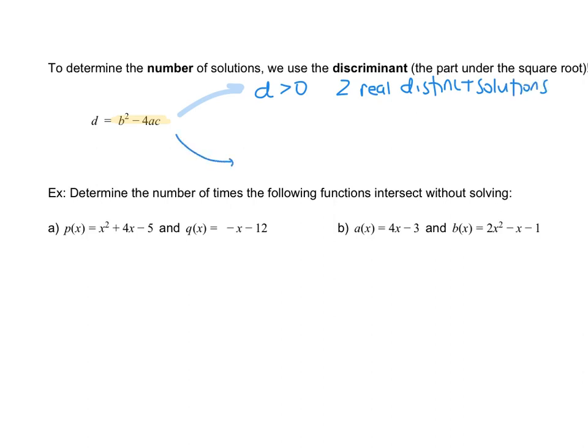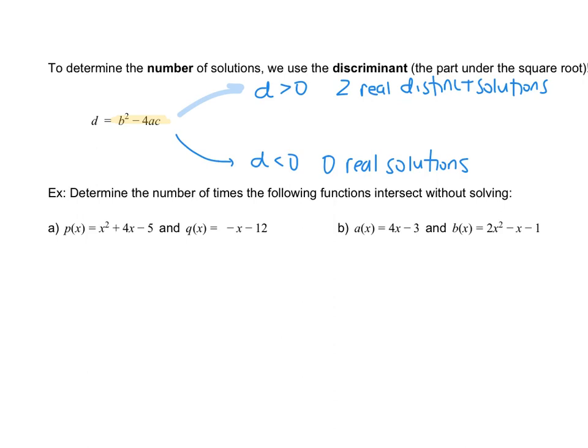If you put it into the discriminant and you get a number less than 0, so a negative number, you have 0 real solutions, which also means you have 0 x-intercepts. And likewise, when the discriminant is positive, you have 2 x-intercepts.